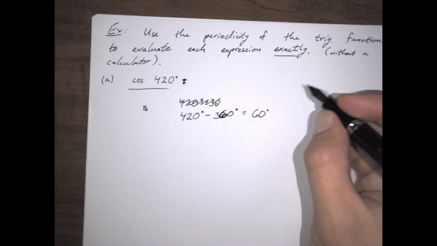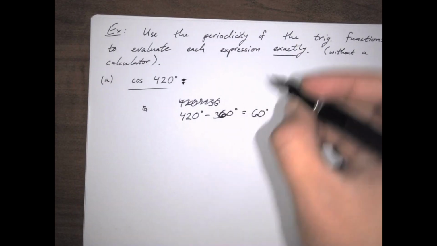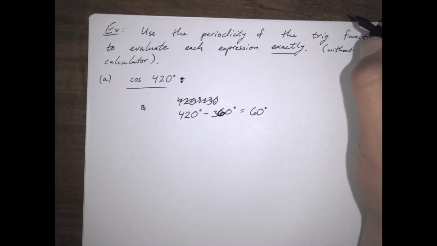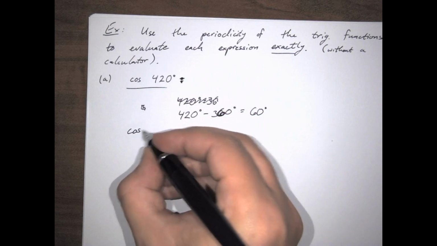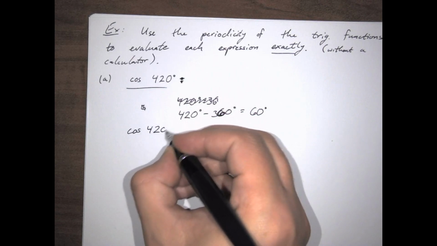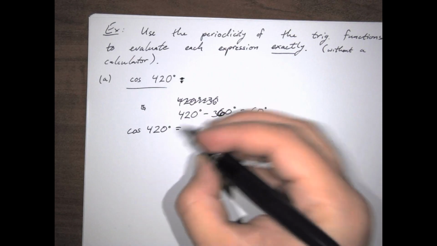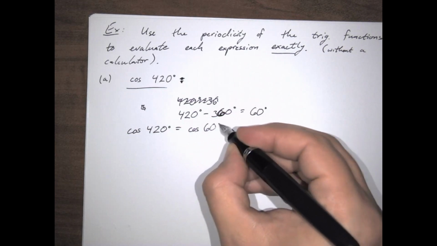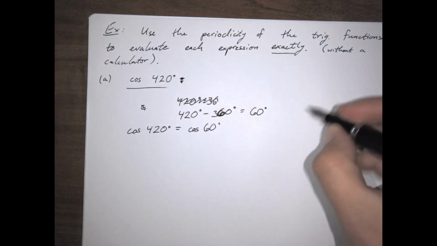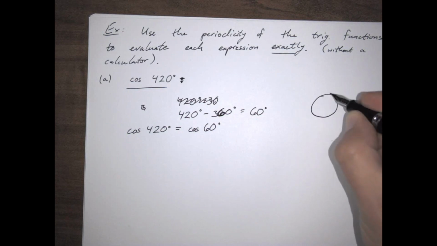So what that means is that if this is truly a periodic function, adding or subtracting 360 degrees won't change its value. So the cosine of 420 degrees is the same as the cosine of 60 degrees. And 60 degrees is one of our familiar angles, in quadrant 1.